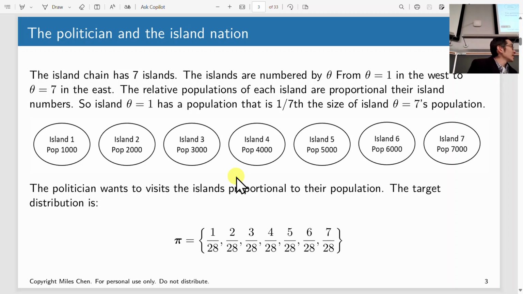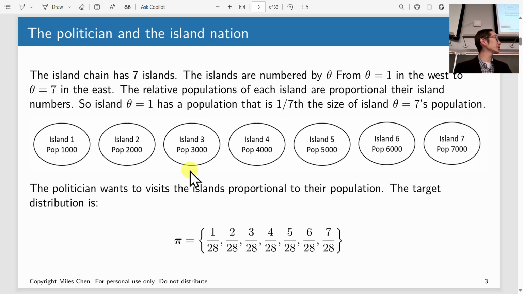So our example is that we have this chain of islands, and this stands as a stand-in for the state space that we have. So there's 7 different islands, and in our Markov chain, we have 7 values for our state space.